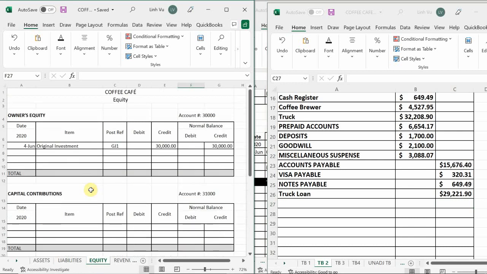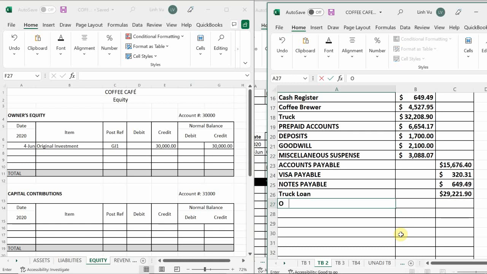So let's go ahead and move on to the next account type. Here we have our equity. So here, of course, we have our original investment at $30,000. That was my original investment.